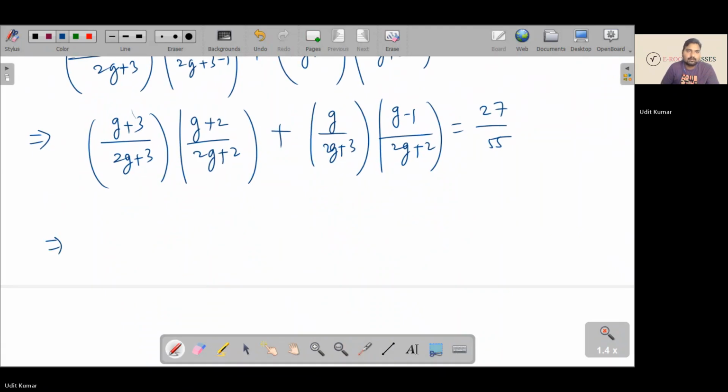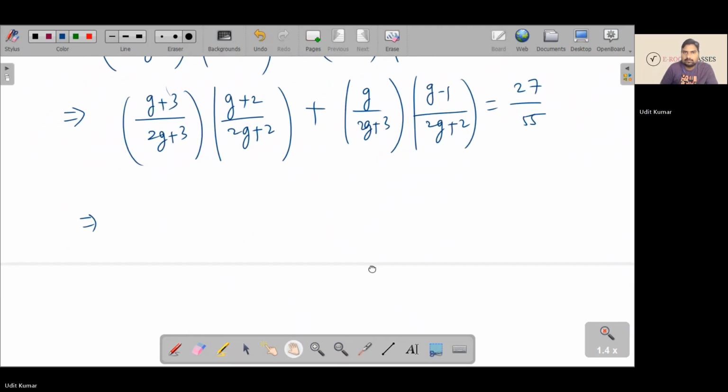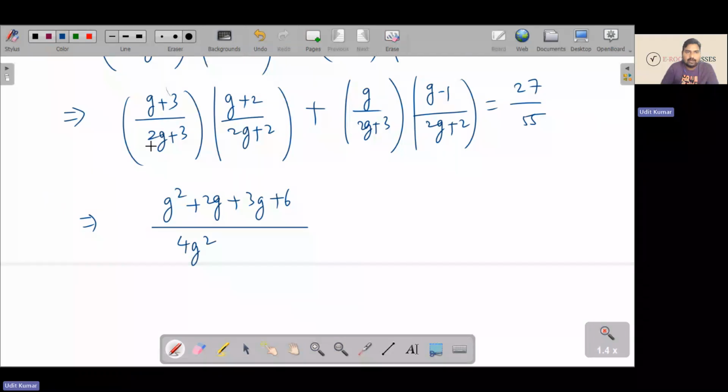Now, let's try to solve it. So first G times G will become G squared, then 2G plus 3G plus 6, divided by, it will be 4G squared, because 2G times 2G will give you 4G squared, and then 2G times 2 will give you 4G, plus 6G, and plus 6, right?